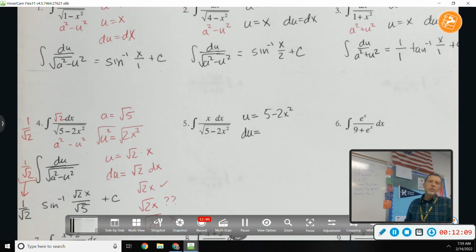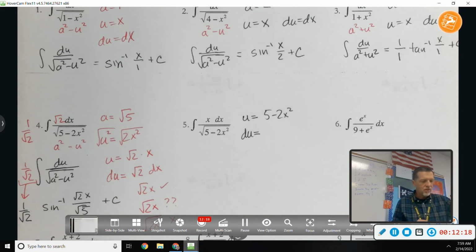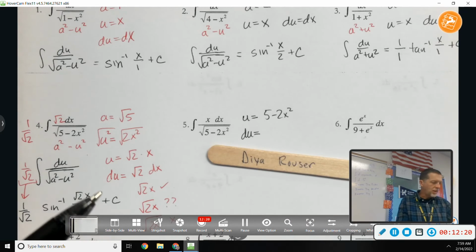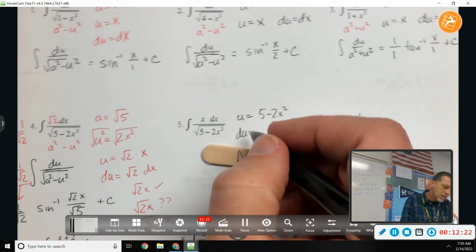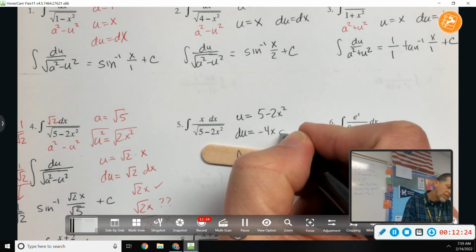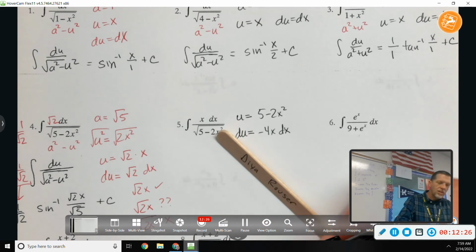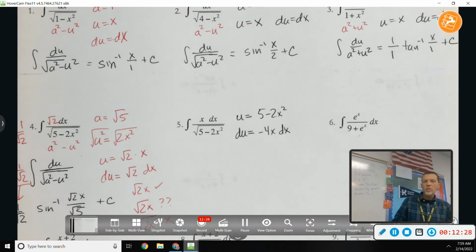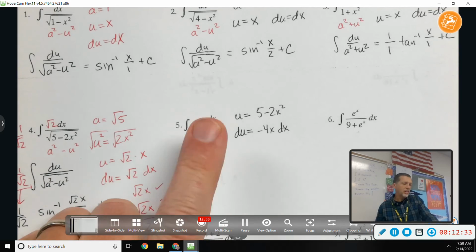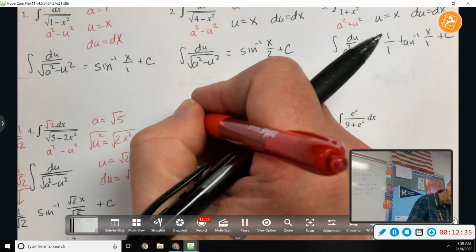And then du is, what's du? Negative 4x dx. So is that good news or bad news for this problem? That's good news because we have an x in the top, so we like that. The negative 4 is an easy fix.